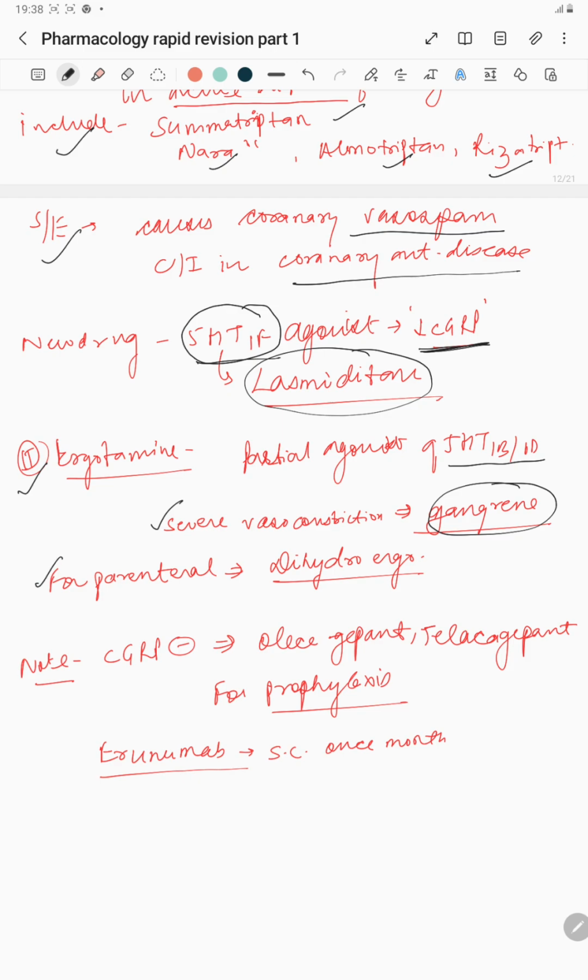For parenteral use, we use dihydroergotamine. CGRP antagonists included are olcegepant or telcagepant, used for prophylaxis. Erenumab is a monoclonal antibody which is given subcutaneously as a once a month dose.